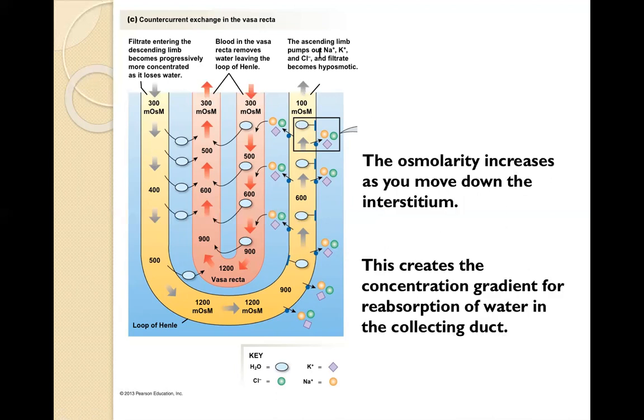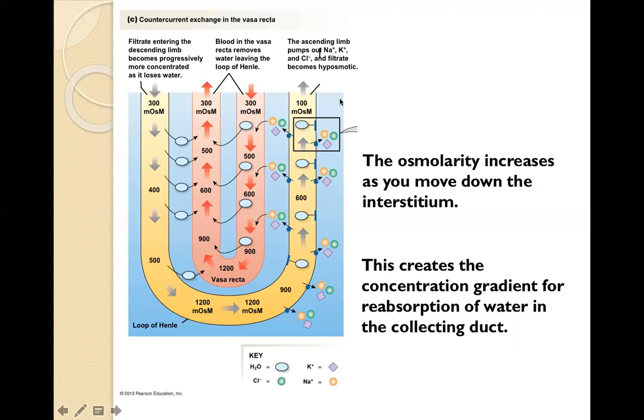You may need to go through those slides a few times, but the point of this is that the osmolarity increases as you move down the interstitium, and this creates the essential concentration gradient for the reabsorption of water in the collecting duct. Because you can imagine that this interstitium is going to have the same gradient of concentration of solute as the filtrate.